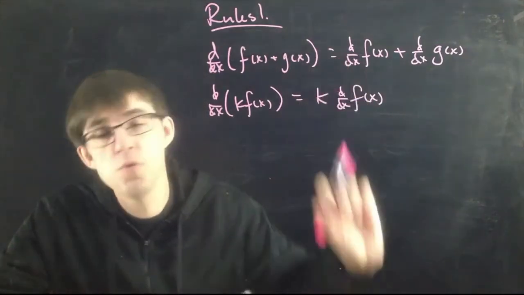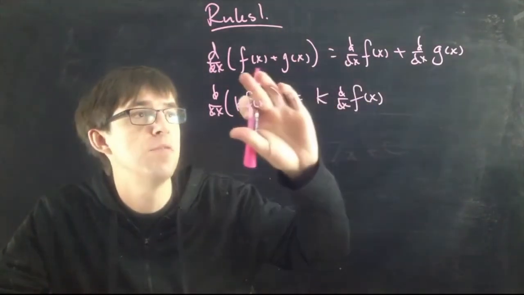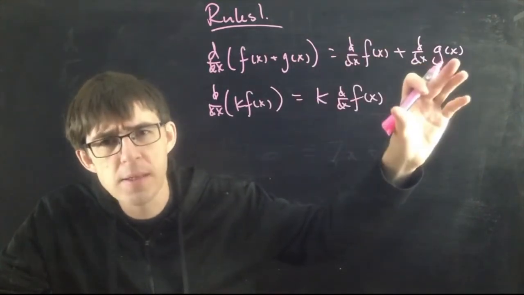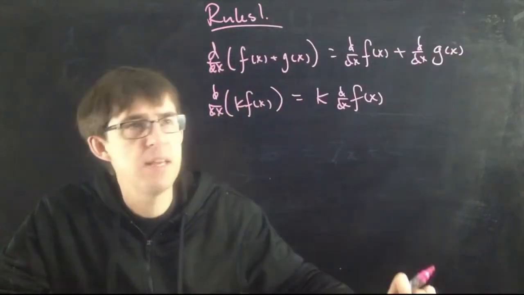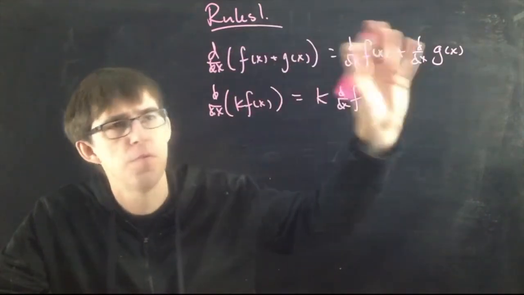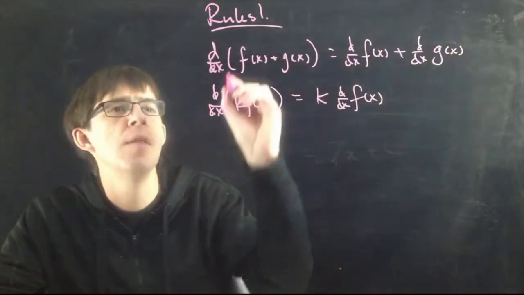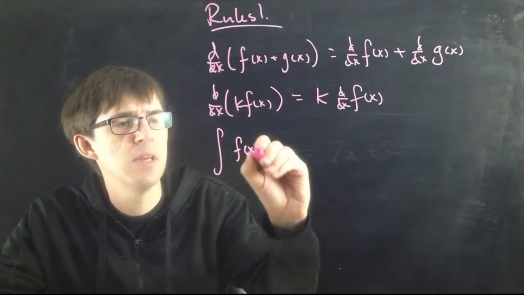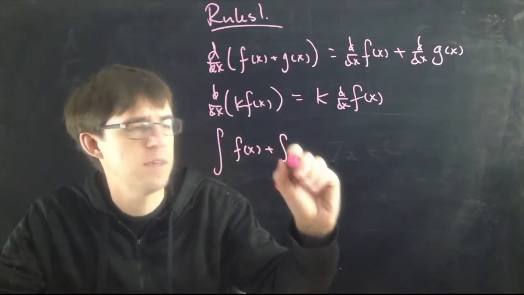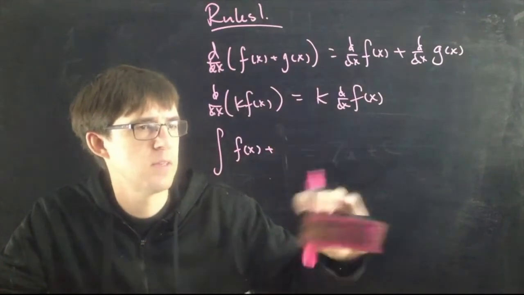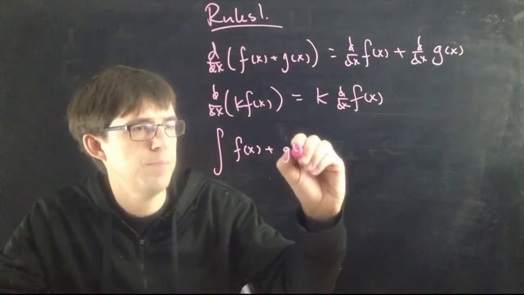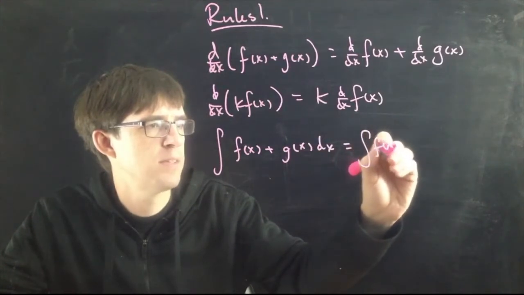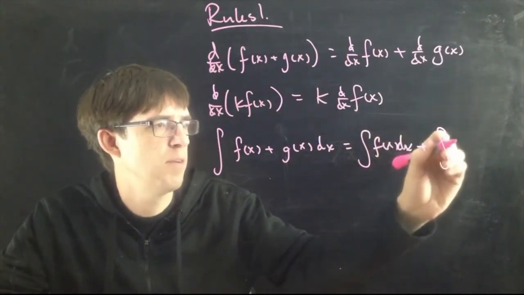So these two rules, because of the way that derivatives work, automatically tell you that the same must be true of the antiderivative. If you just read the rules backwards, the same rules are true of the antiderivative. So what that says is the integral of f of x plus g of x dx is equal to the integral f of x dx plus the integral g of x dx.